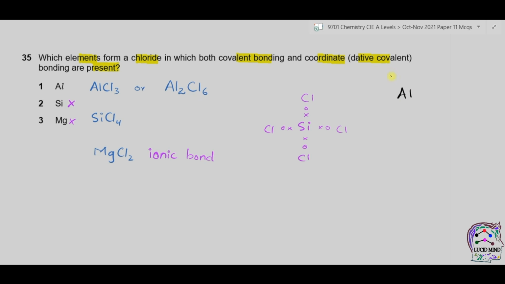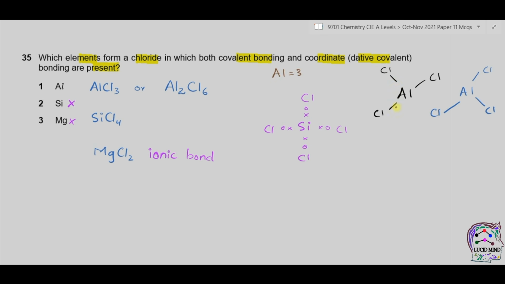We have 3 chlorine atoms with 1 aluminum, 3 chlorine atoms with the other aluminum. As aluminum is from the third group, it has 3 electrons in the outermost shell.